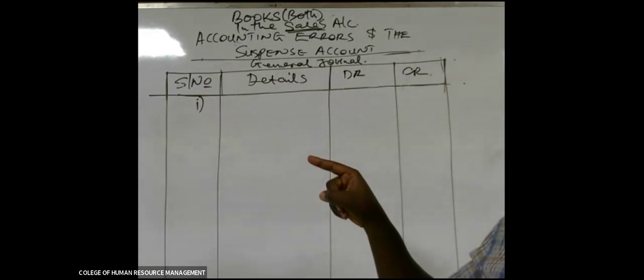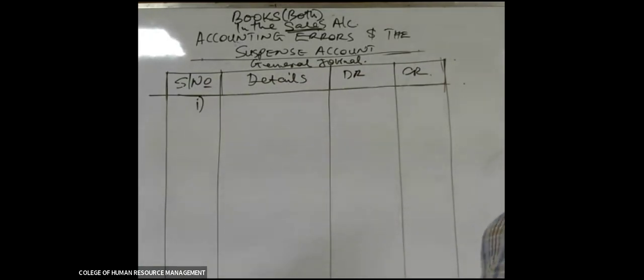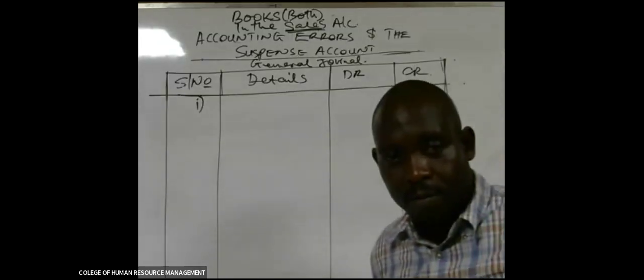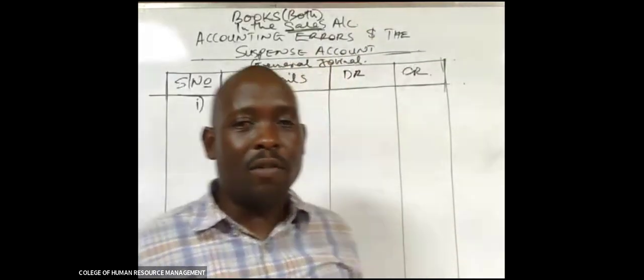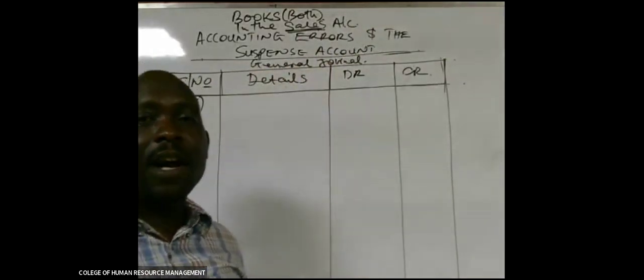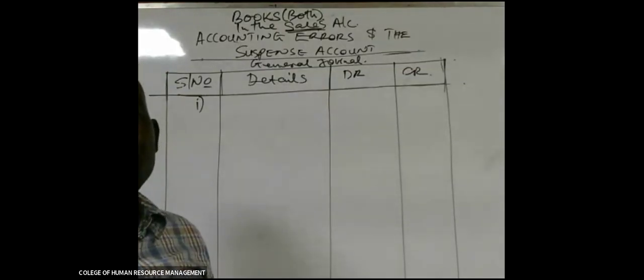Less. We used less. In the sales account, that is where the problem is. In the sales account, 90 shillings is less.